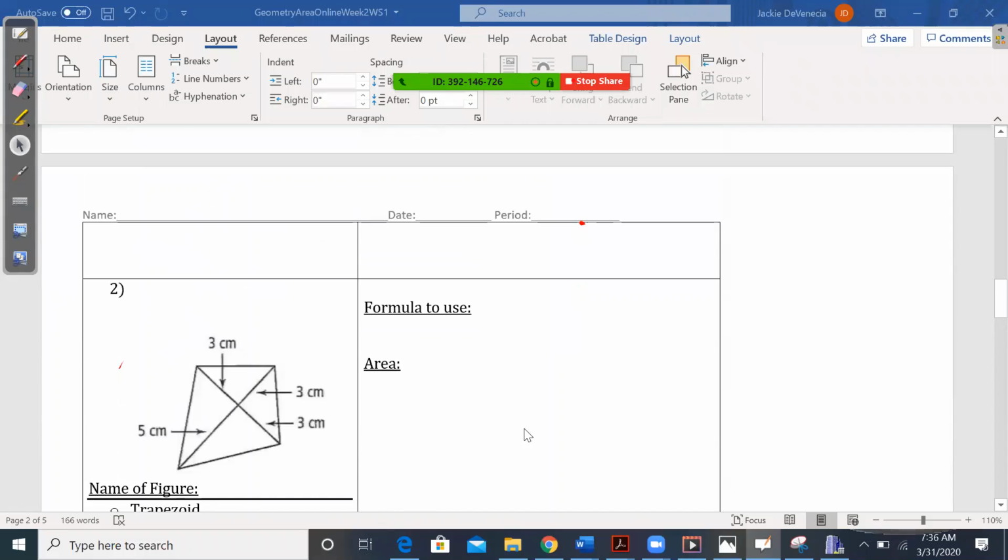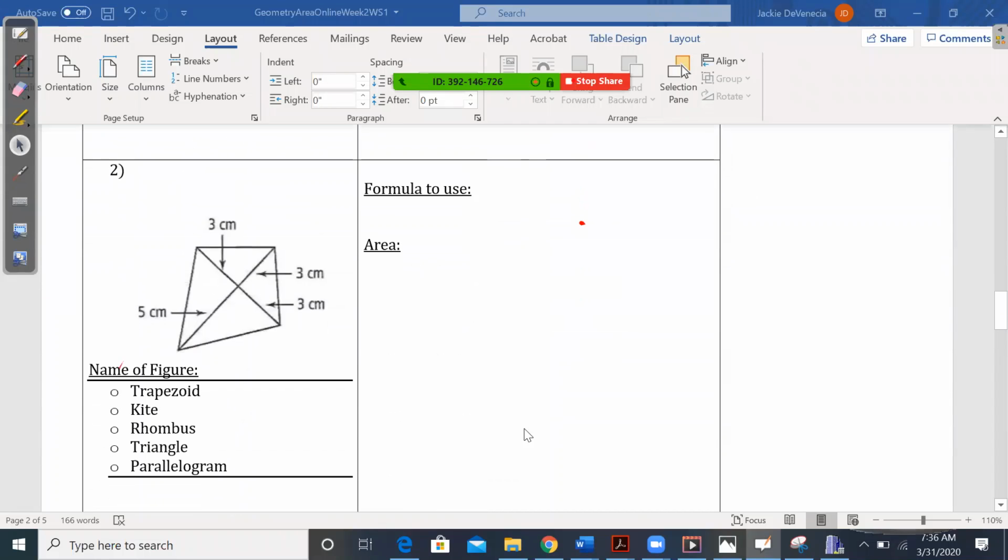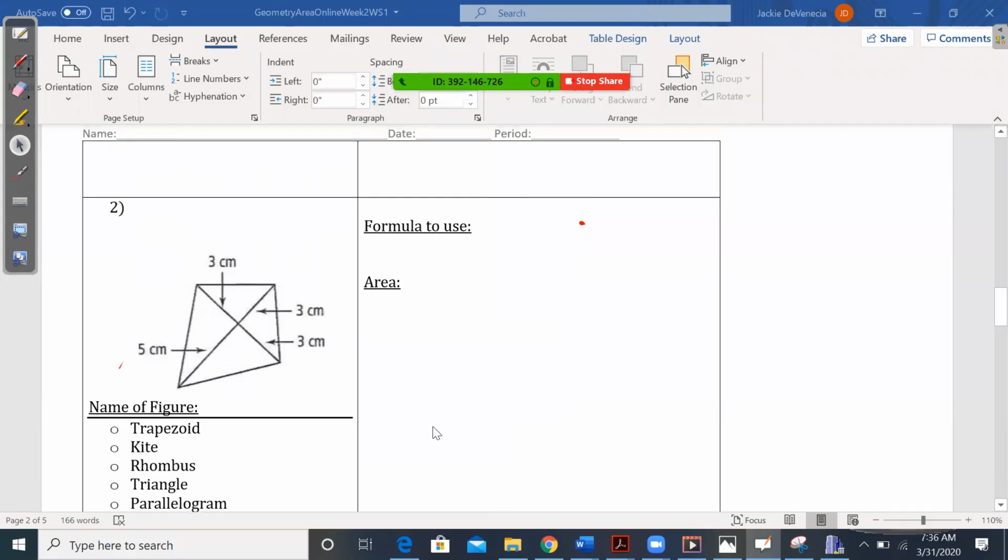Okay, so right over here, we have this figure. I'm looking at it, eyeballing it, and it does look like a kite. It looks like the figure I saw before, and we have our diagonals.